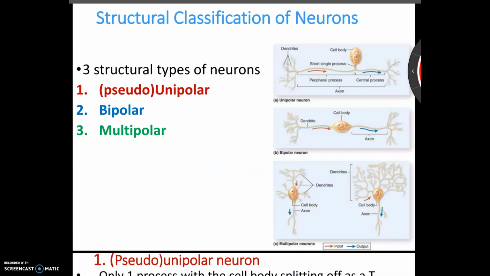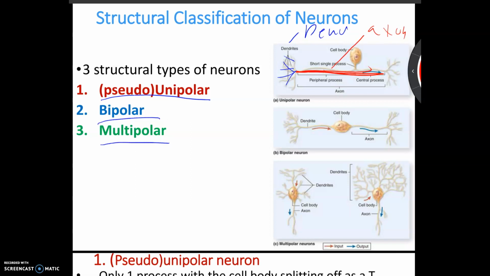So I have 2 minutes now to talk about the 3 structural types. Usually I like asking this as an essay question where you draw them out. For an online format, you might have to just explain them. So there's 3 kinds: pseudo-unipolar, bipolar, and multipolar. This guy right here is a pseudo-unipolar neuron, and it basically has dendrites attached directly to the axon.